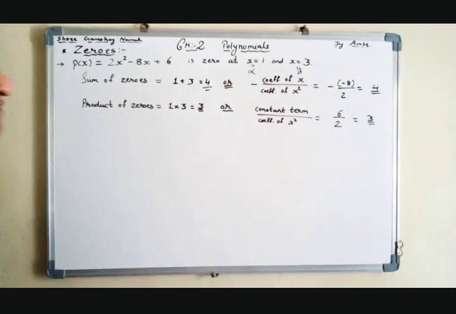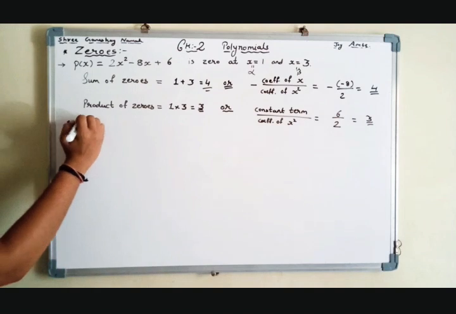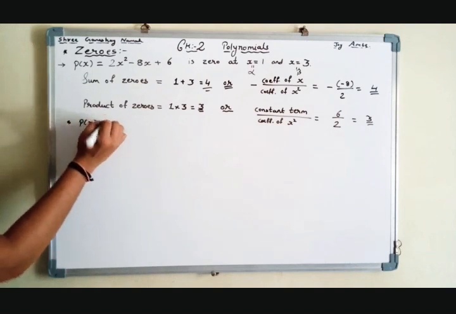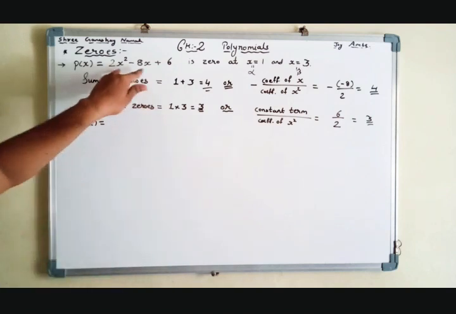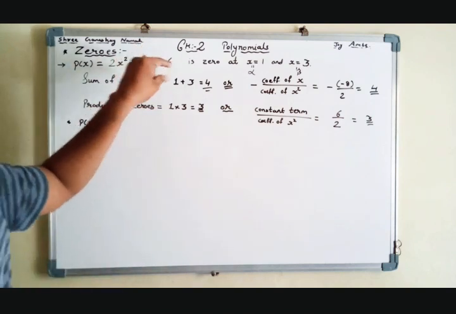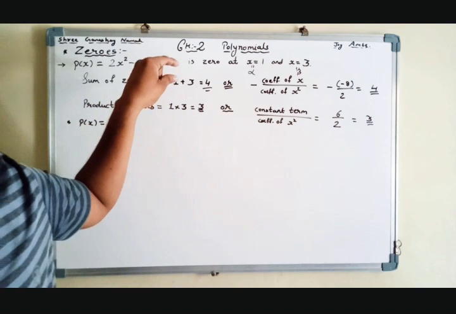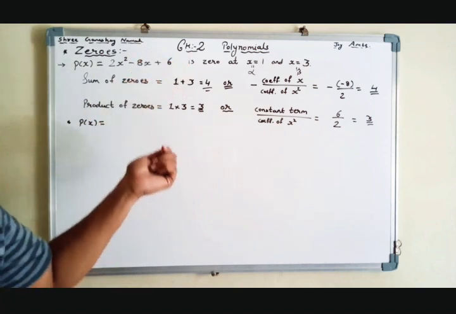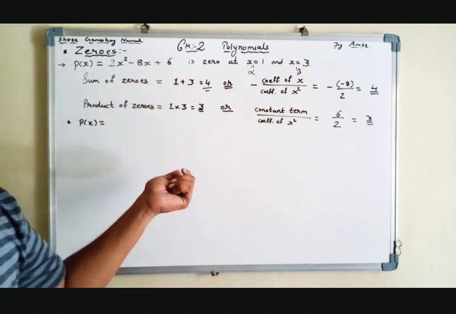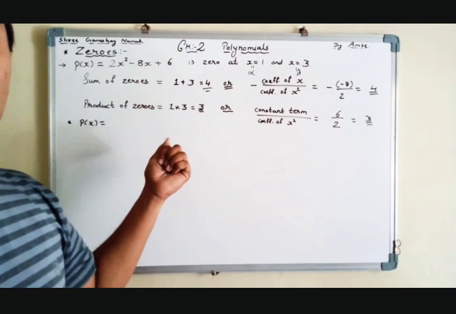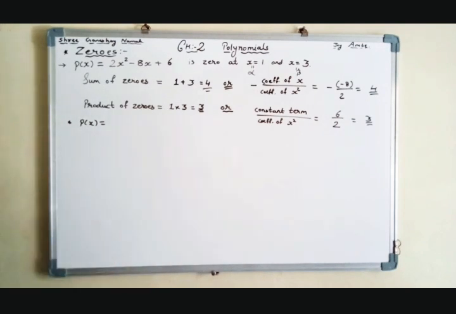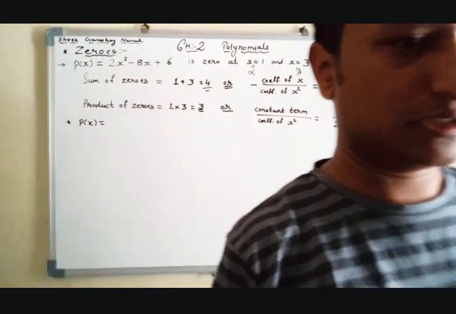First of all, the general formula of Px: the simple formula is ax square plus bx plus c. That is a quadratic polynomial, you know that. But what is the general formula with alpha and beta?